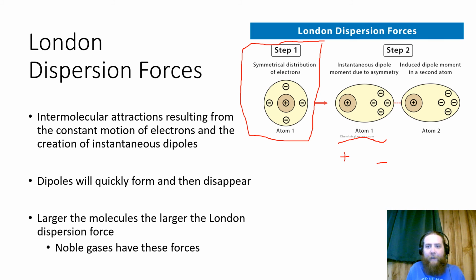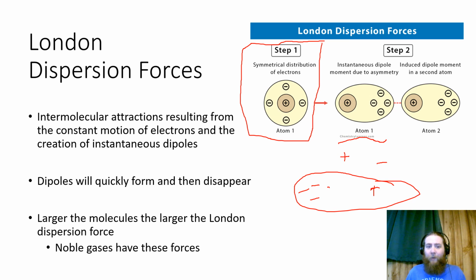These ones will very briefly be attracted to each other, and then they will just disappear. So they'll form, they'll go away, they'll reform in a different spot. Maybe the next time that plus is over here, and those negatives are on the other side of this atom. Unlike our actual dipole forces, these London dispersion forces don't happen for very long.